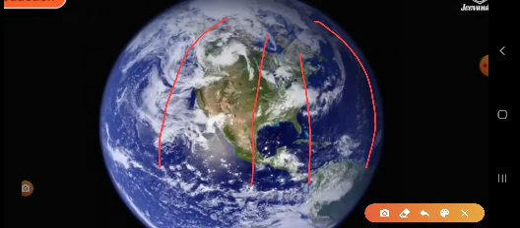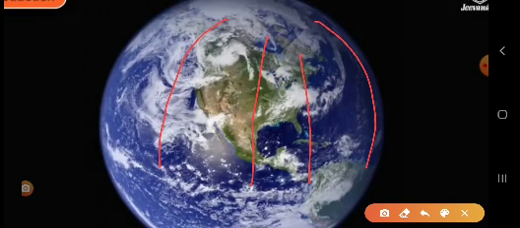Whatever appears on the surface of the earth looks very small, so the earth appears flat. As we are very small compared to the size of the earth, when we stand on the surface of the earth, we realize that the surface is flat.